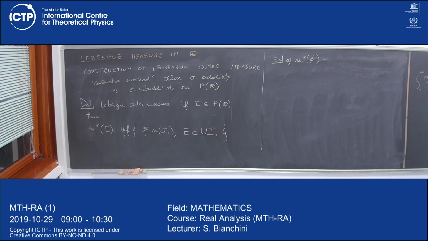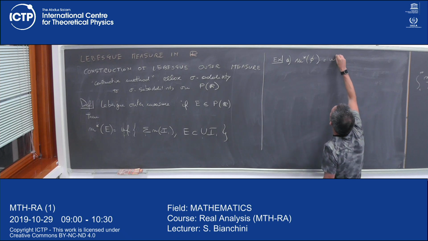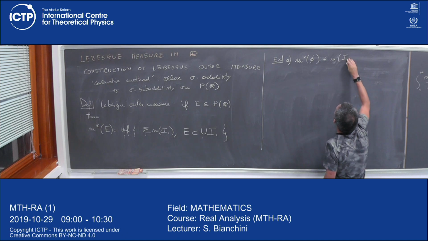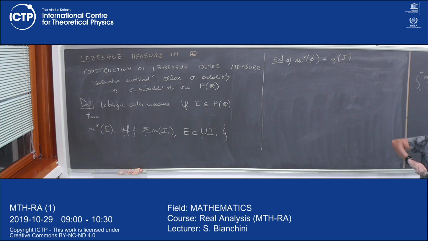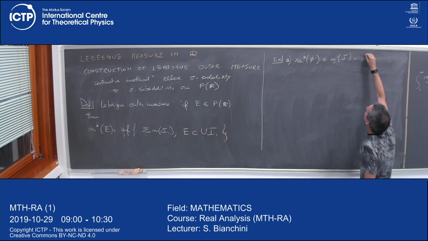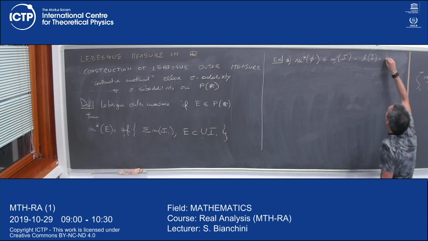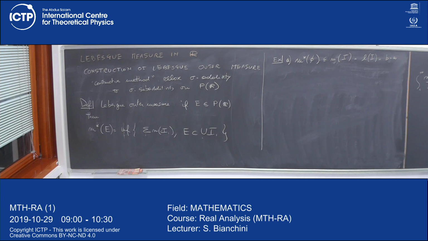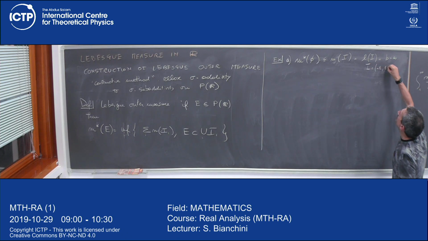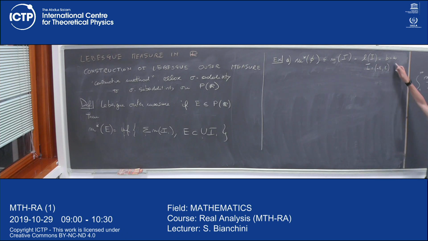Intervals can be very small. So the infimum is less or equal than the measure of every interval, and the measure of every interval is its length. So this can be arbitrarily small. This can be, for example, minus epsilon, epsilon, and then you get that this thing is 2 epsilon.